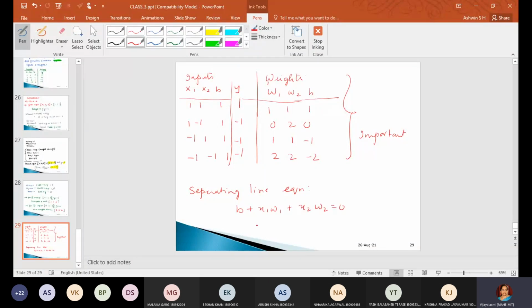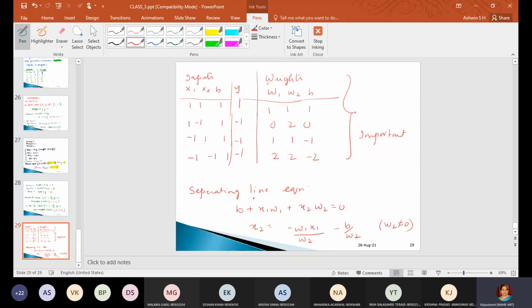So the equation for the line is x2 equals minus w1 x1 by w2 minus b by w2, provided w2 is not equal to 0. In all these cases, the value of w2 is not 0.